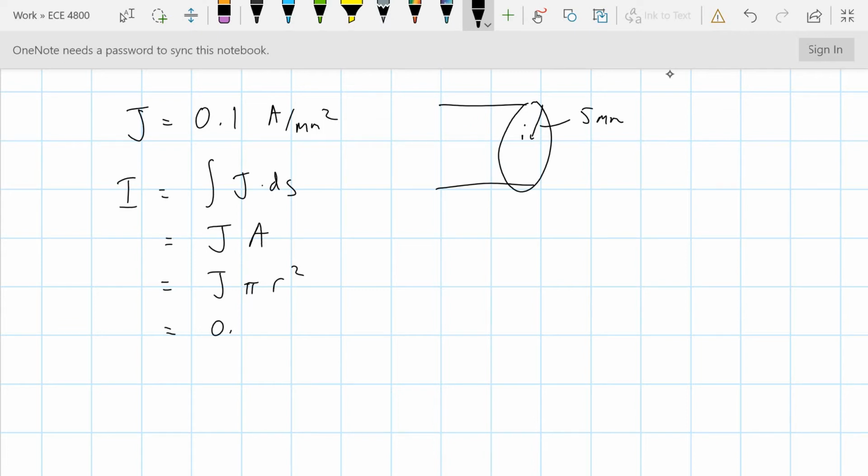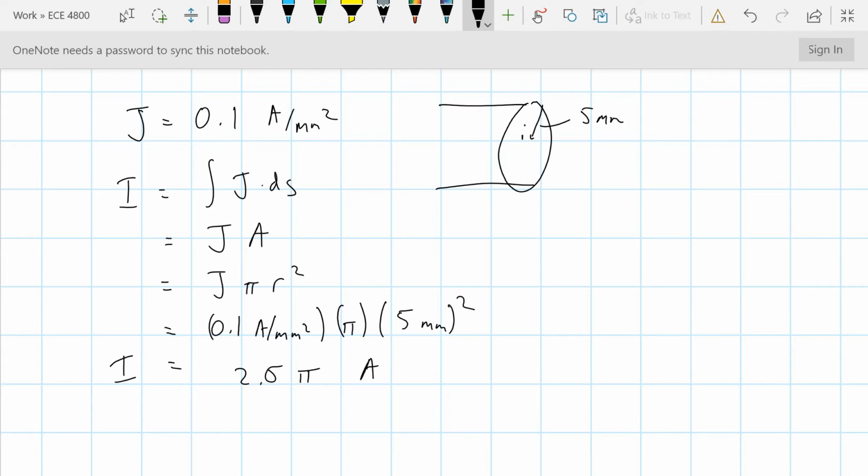J is 0.1 amps per millimeter squared, so we want to use millimeters for the radius. So the r here is 5. All right, so our millimeters here will cancel. And so we're left with 25 times pi times 0.1, which is 2.5 times pi. And the units for this is amps.